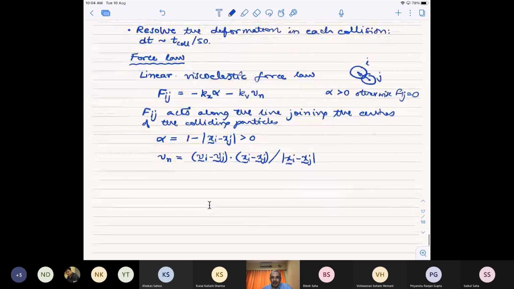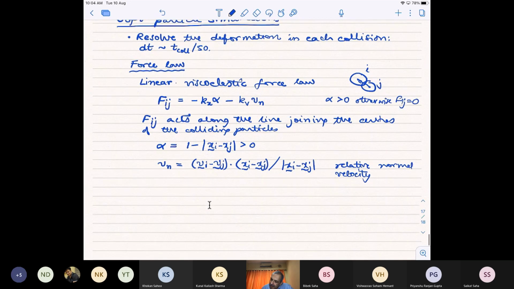So this is the normal velocity, or I should say relative normal velocity. So we are really looking at a simplification where there are no frictional forces and so forth. And so there's only the velocity to be taken into account. And when two particles interact, the force only acts normal to the surface of the particles.